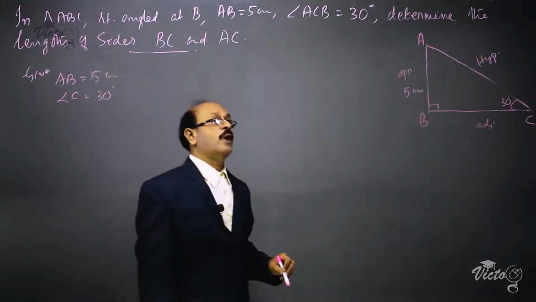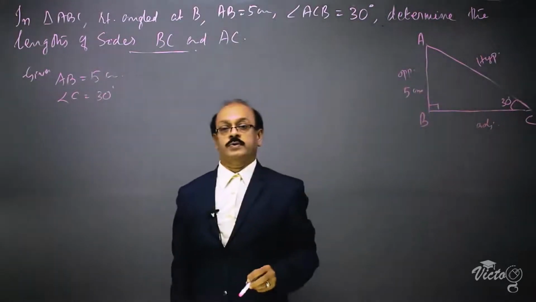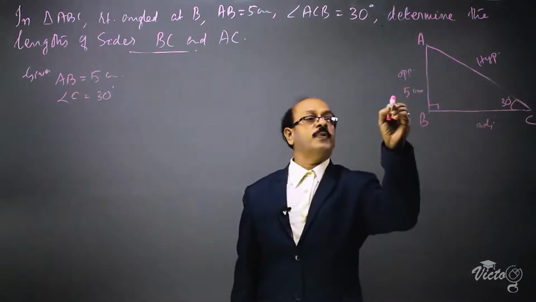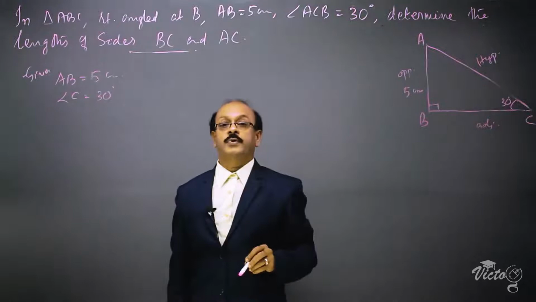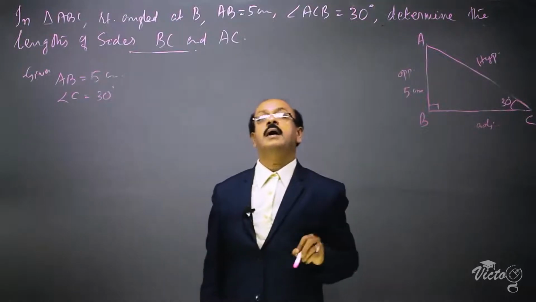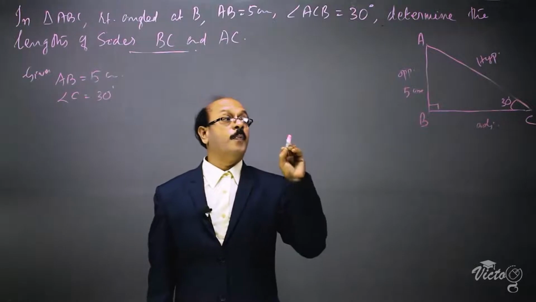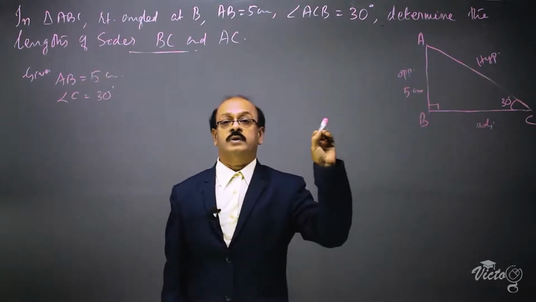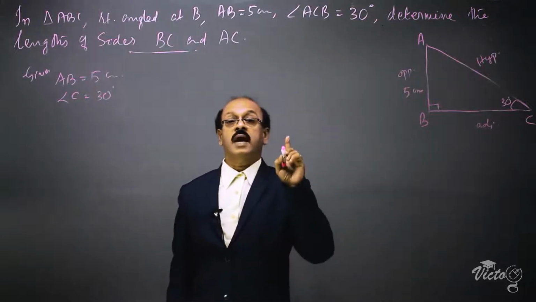Now, first of all, we are going to find out the length of AC, means hypotenuse. The length of opposite side is known, and we have to find out the length of the hypotenuse. Do remember the formula. When opposite side and hypotenuse is coming, opposite side by hypotenuse is sine of the angle.